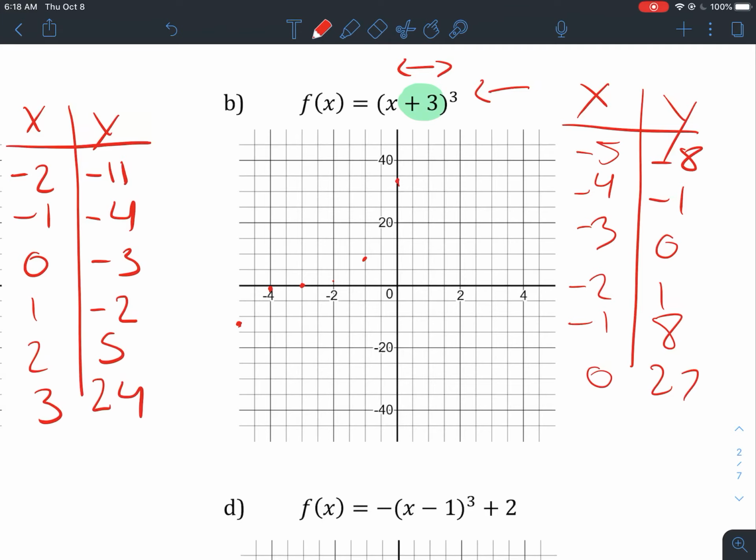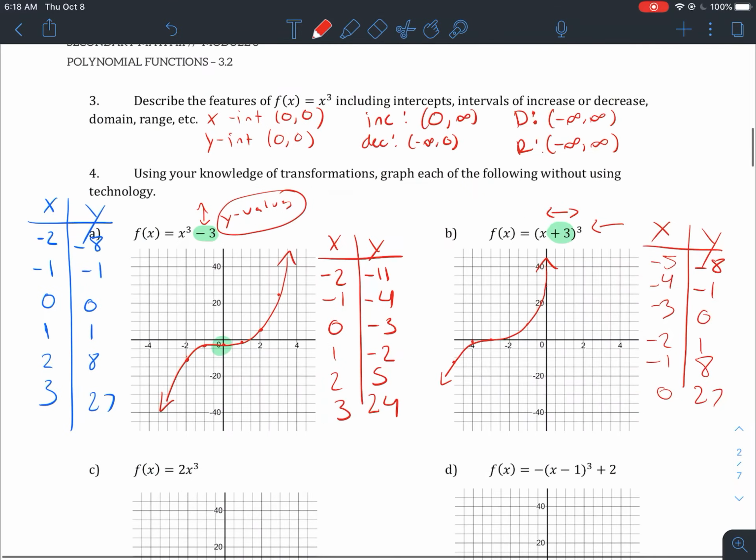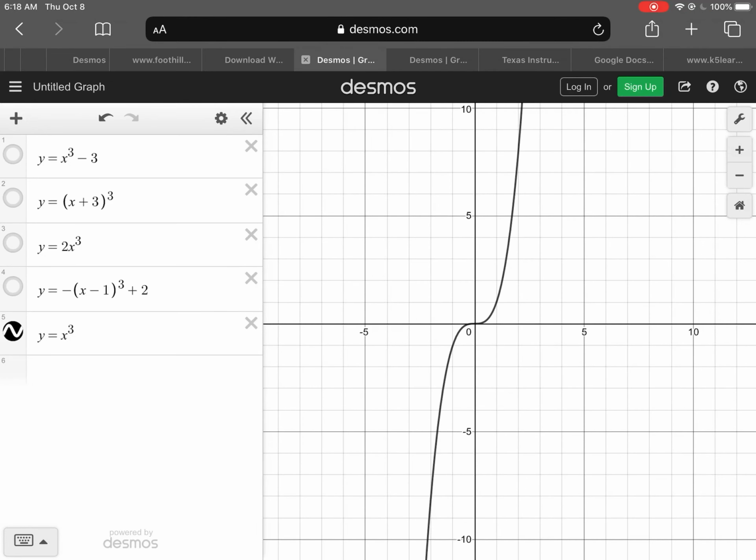It should be down here. So you can tell here that the graph shifted. And let's go ahead and check. I'm going to plot, we have our original function. This is our new one. Do you see how it shifted to the left by 3? We subtracted 3 from the x values.